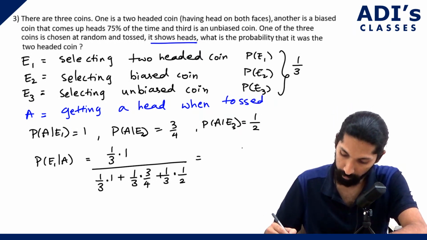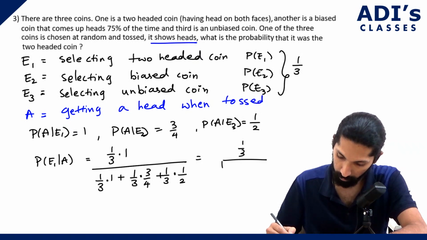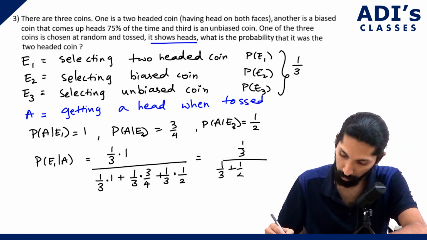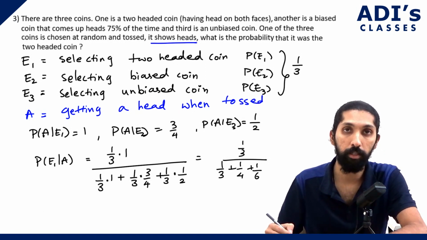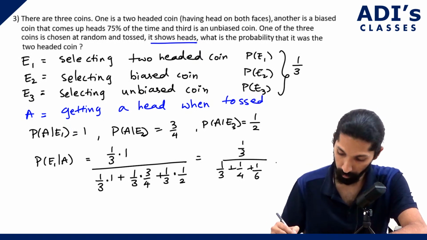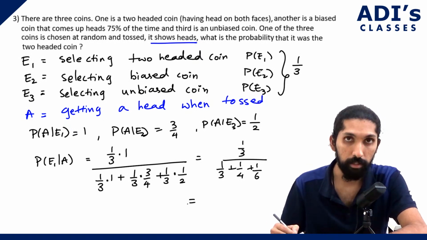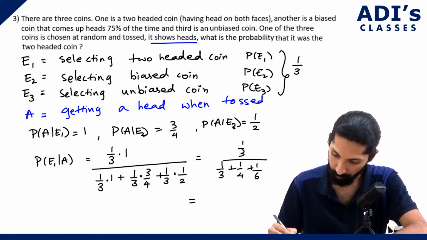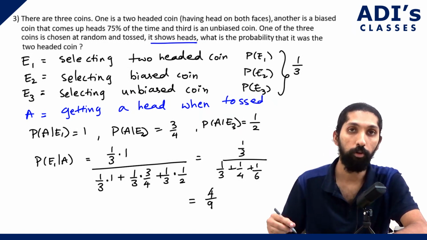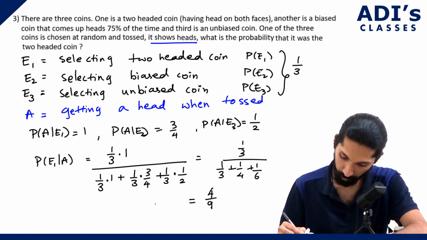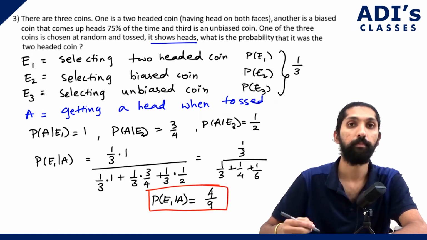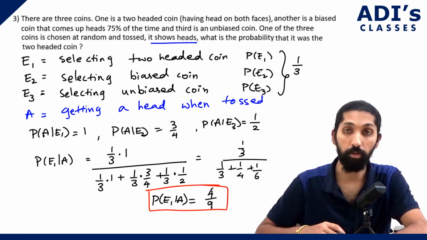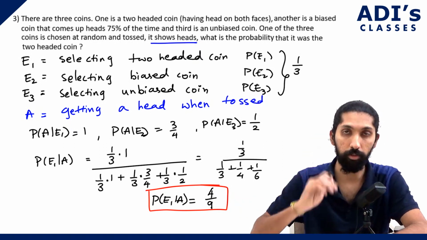So this will be 1 by 3 plus 1 by 4 plus 1 by 6. 3, 4 and 6, the LCM is going to be 12, isn't it? So when you solve this, you will get the answer as 4 by 9. So P of E1 given A is going to be 4 divided by 9. Fair enough? So this is going to be the answer for the third question.